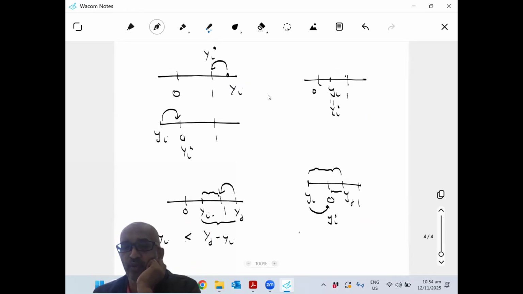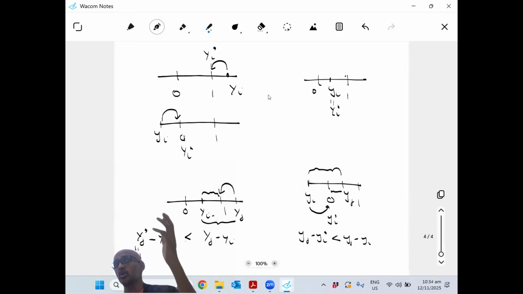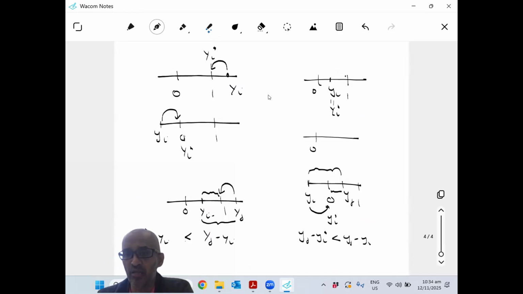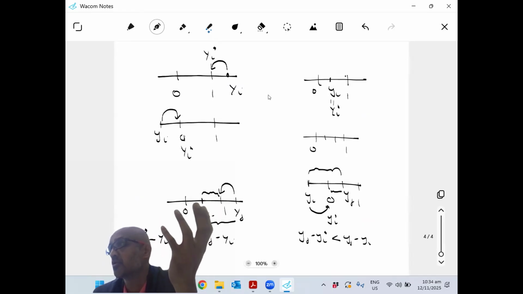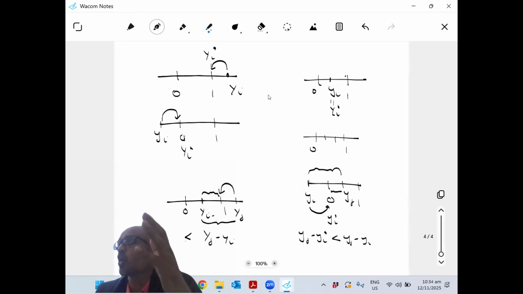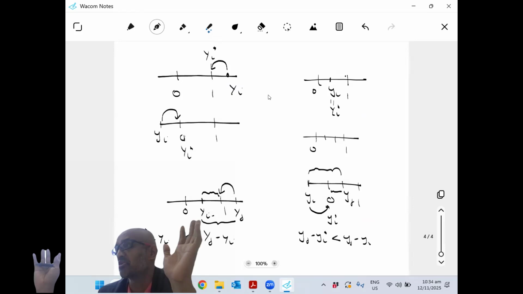This makes yj minus yi star lesser than yj minus yi. So if I've got a negative value, by decreasing it, I'm only making my difference smaller. If my numbers are within 0 and 1, it doesn't matter. I just keep them as is. And you can go through this case by case and check this basically.